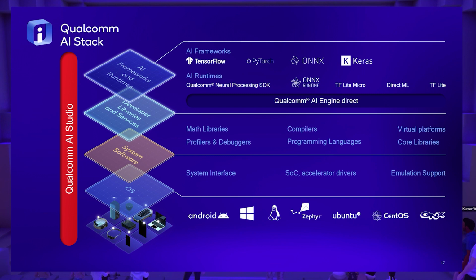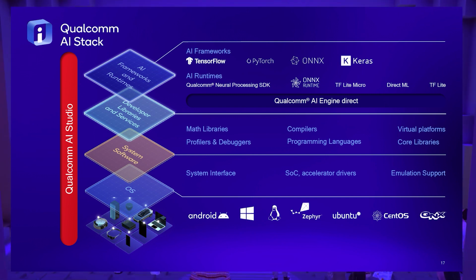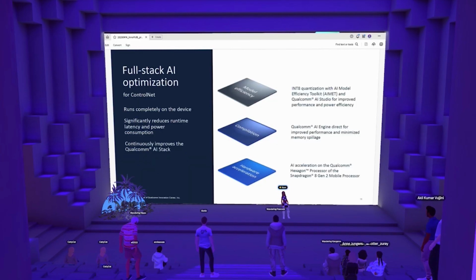And finally, what's relevant for us is the Qualcomm AI Engine Direct, which uses these AI frameworks, and essentially we are able to run different AI frameworks like TensorFlow and PyTorch on these devices. So you have models coming in, and we bring them within our framework such that we can run them on device. And all of this can be handled with our SDK toolkit as well as the AIMET toolkit. This is what we ended up using.